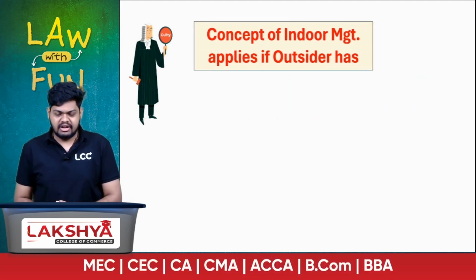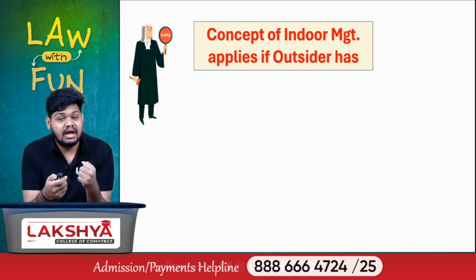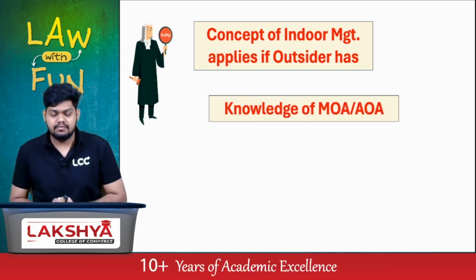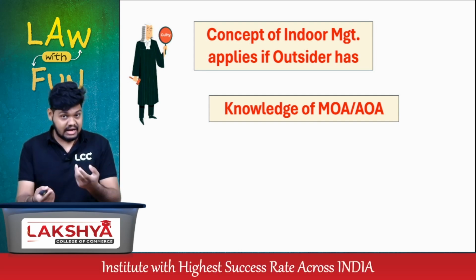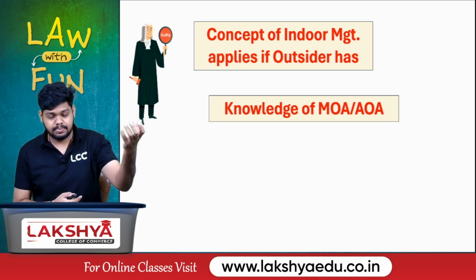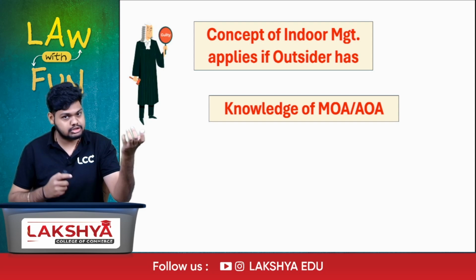So what was indoor management here? The indoor management concept applies if the third party outsider has satisfied two conditions. The first condition: he must have knowledge of the MOA and AOA, which our third party, the Royal British Bank, actually had. They inspected these documents.